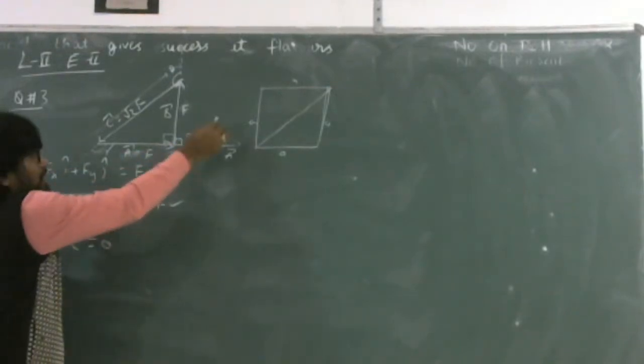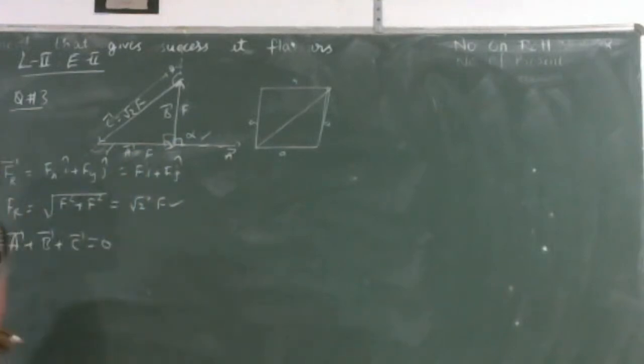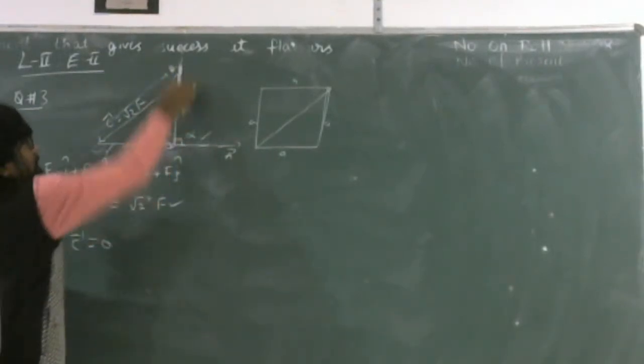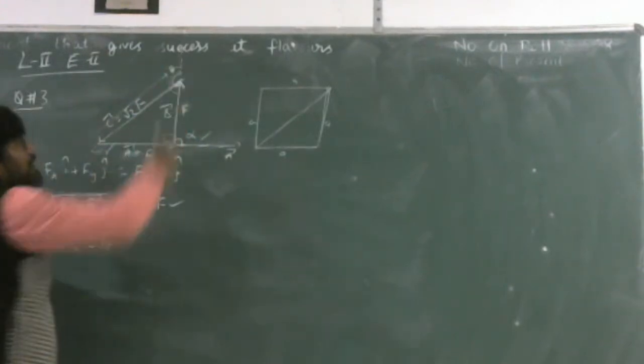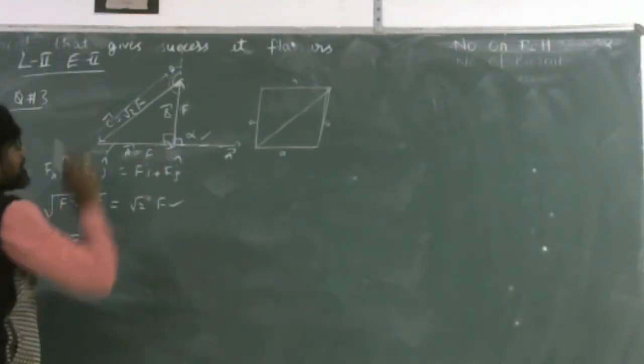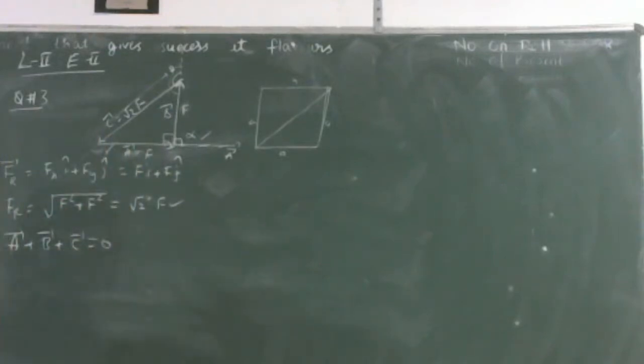Now you can take the angle between A and B as 90. B and C is how much? This is B, this is C. So actually this total angle is 180. If this is 90, what will be this and what will be this you can also find. 45.